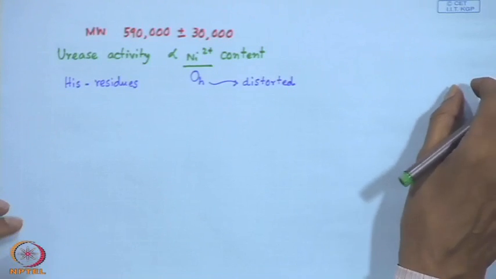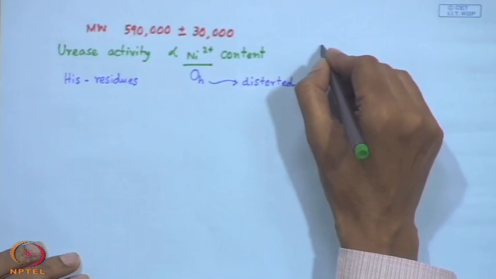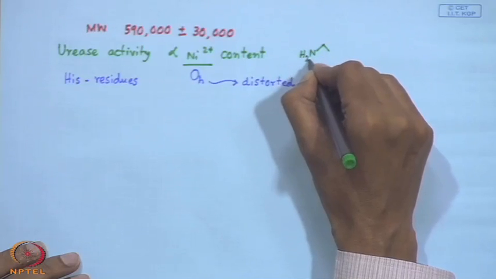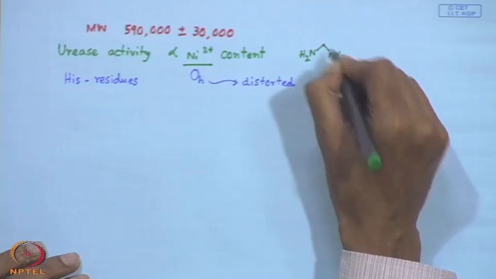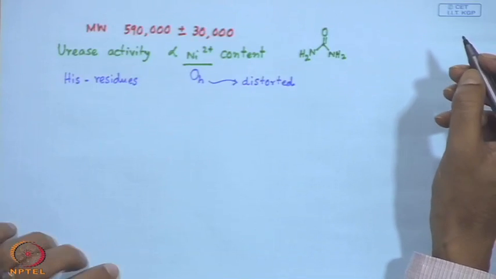So, you have an octahedral nickel environment, and around it some position is there for the substrate, because we are looking for some hydrolysis reaction, and you have nitrogen as well as oxygen.